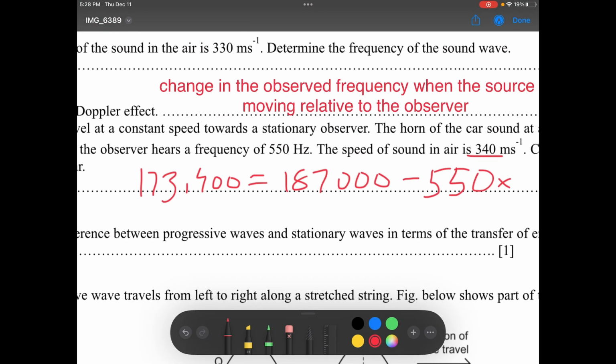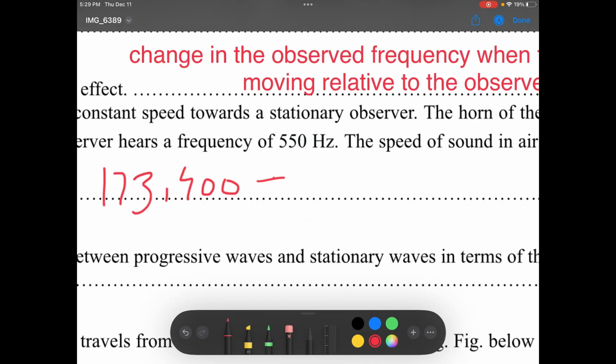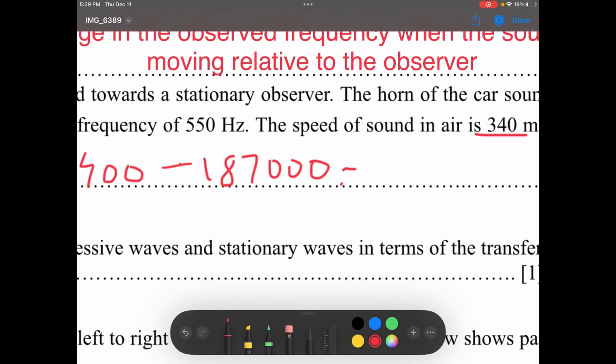Now that we have this equation, we will flip this around, and now we will move this to the left side. Minus 178,000 equals negative 550x.